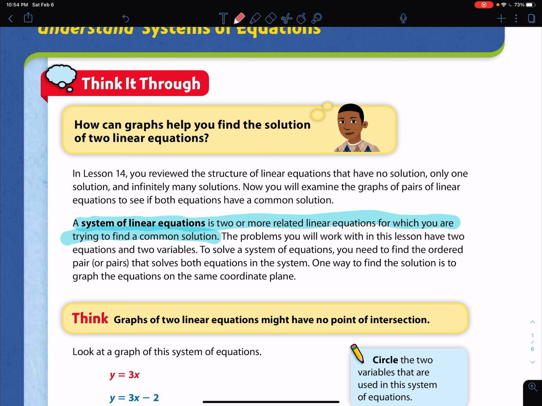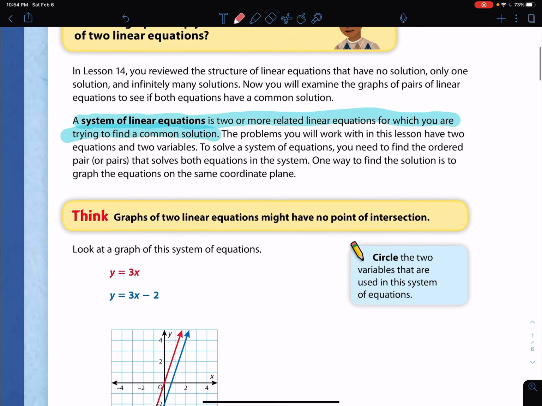All right, so the problems you'll work with in this lesson have two equations and two variables. To solve a system of equations, you need to find the ordered pair or pairs that solves both equations in the system. One way to find the solution is to graph the equations on the same coordinate plane.